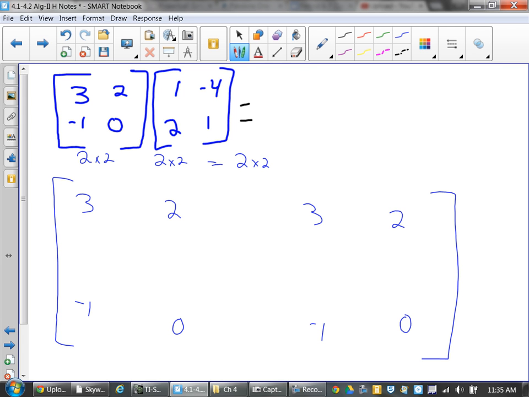Okay? Now here's what we do. This is a great little shortcut pattern. I start with this entry in the top left of the second matrix. I write it down. I go to the next one below it, and I write it down next to here.